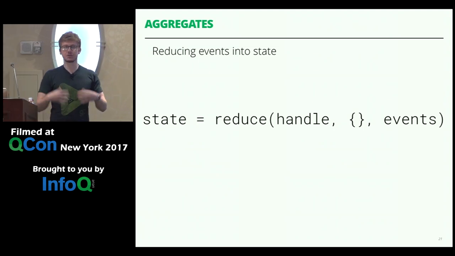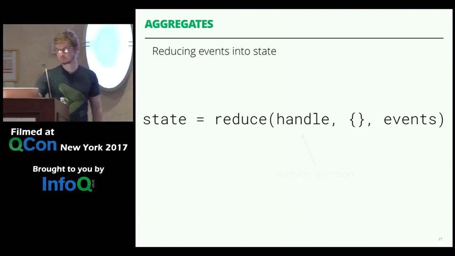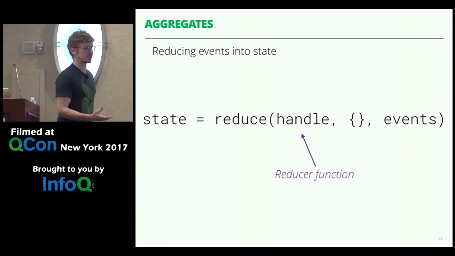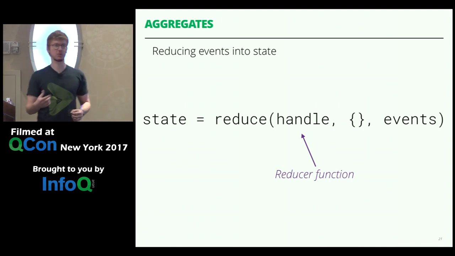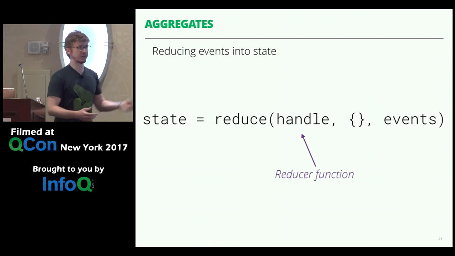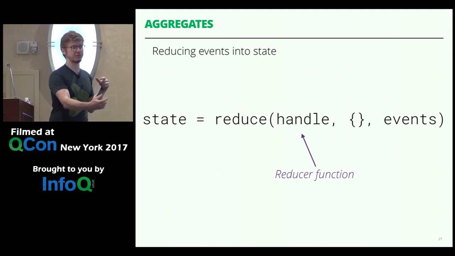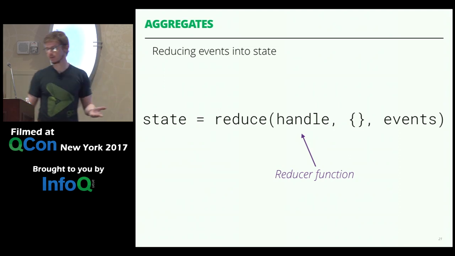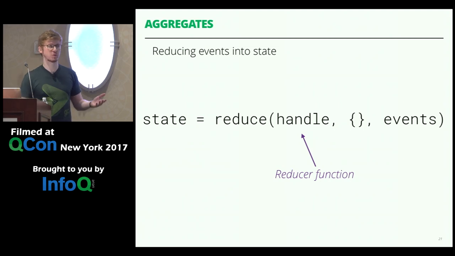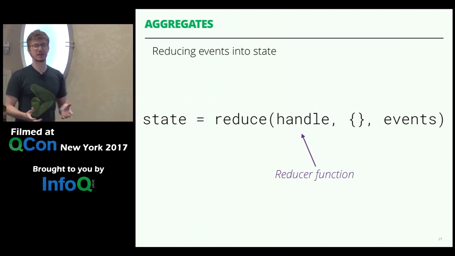So the process of building the state of an aggregate can be described as a reduce function, in which we have a reducer function responsible for performing transformations depending on the event type. We have an initial data structure, which is usually an empty object, and the list of events. And the result of this operation is the current state. So for the ones who are familiar with JavaScript and Redux, it's pretty much like a Redux store.